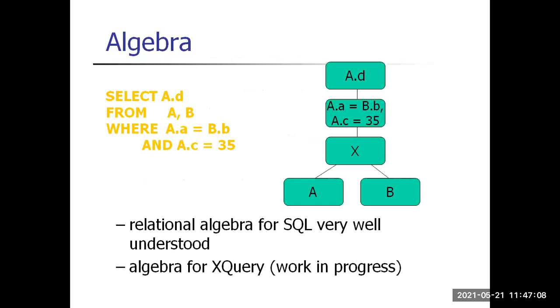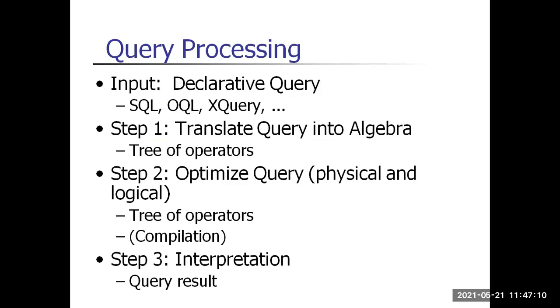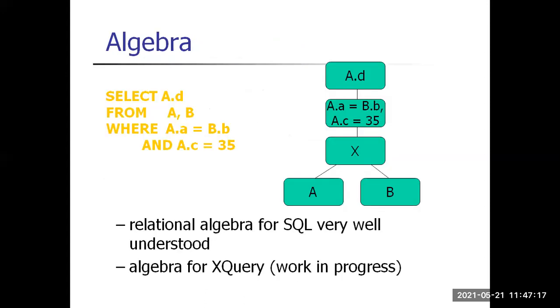So drawing that as steps, as mentioned, translate the query into algebra or the tree of operators. So we create a tree on the right side: we need to select A.D from the tables A and B, where the condition is A.A equals B.B and A.C equals 35.